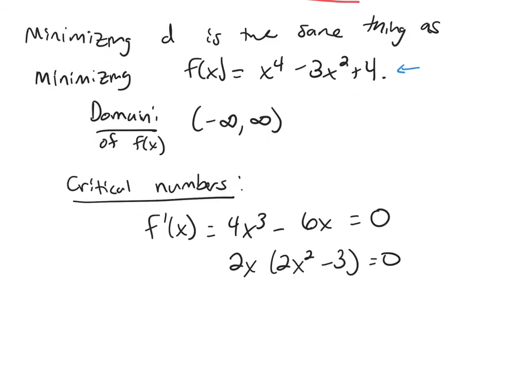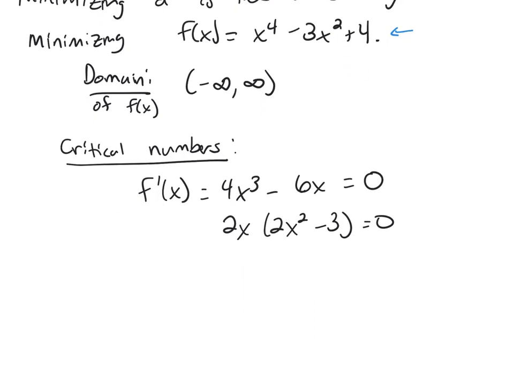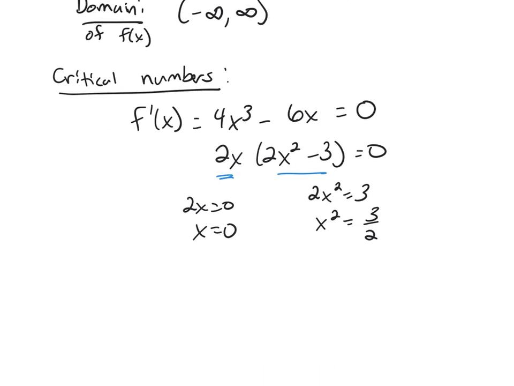So I get two solutions. From this, I get x equals 0. And from this one, we're going to get 2x squared equals 3. X squared equals 3 halves. X equals plus or minus the square root of 3 over 2.